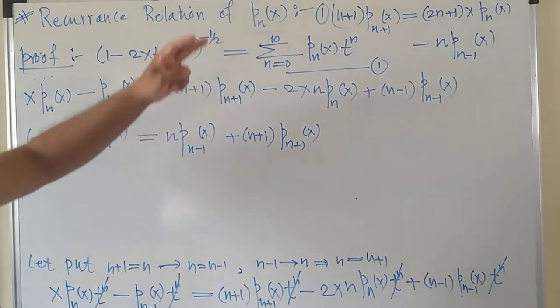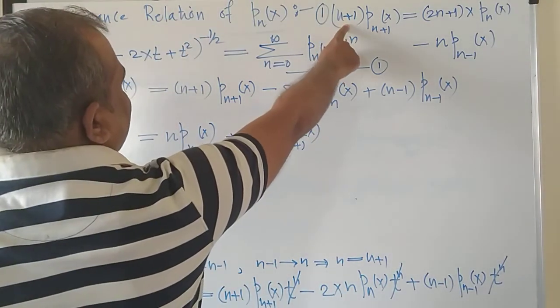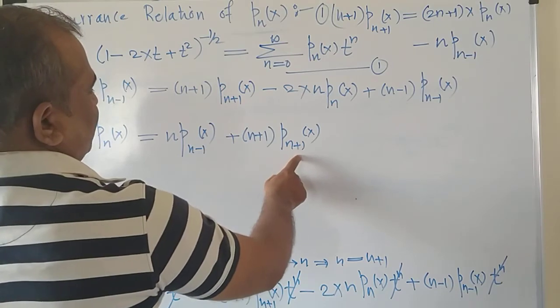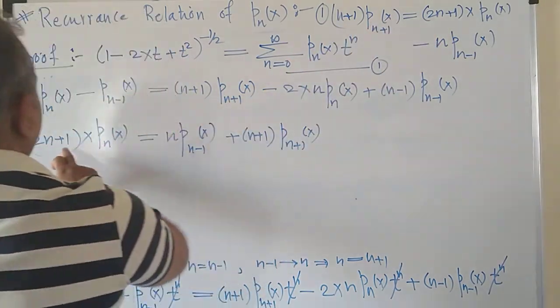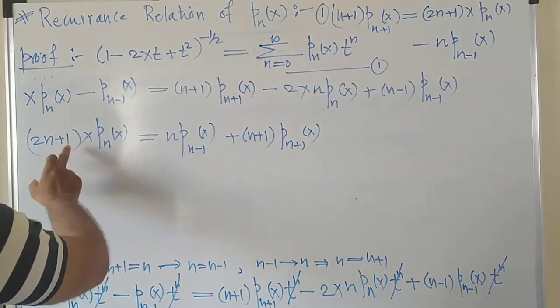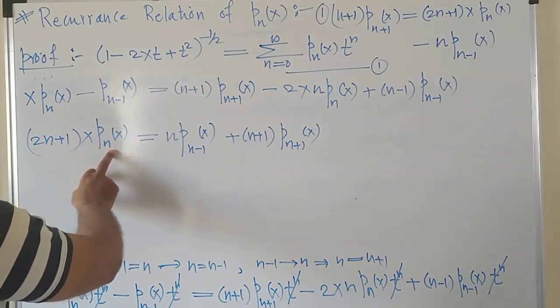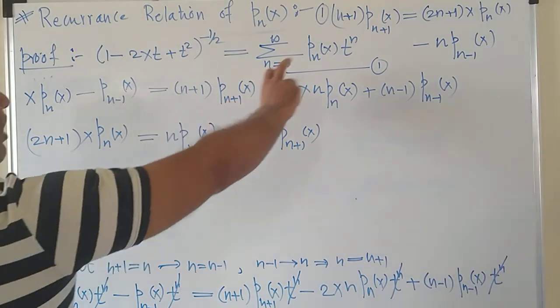Now let us observe the recurrence relation again. So here you are having n plus 1 Pn plus 1 of x. This is okay. You are having this also on the left hand side, 2n plus 1 x into Pn of x, and this is on the other side.